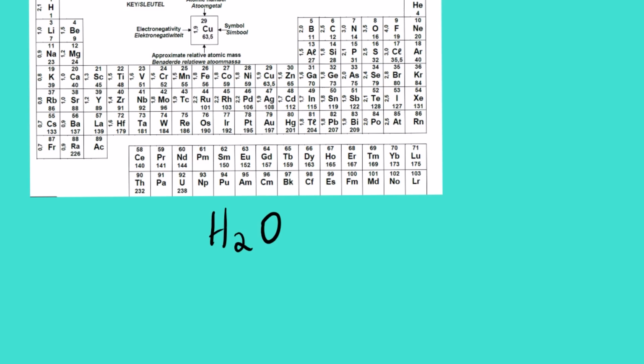Now let us start with hydrogen. How many atoms of hydrogen do we have? We have 2. How many atoms do we have of oxygen? We have 1. So since there's no number here, we must know that it's 1.